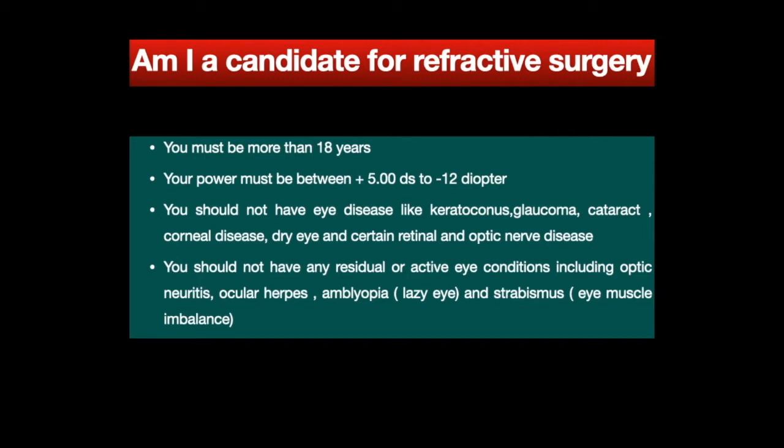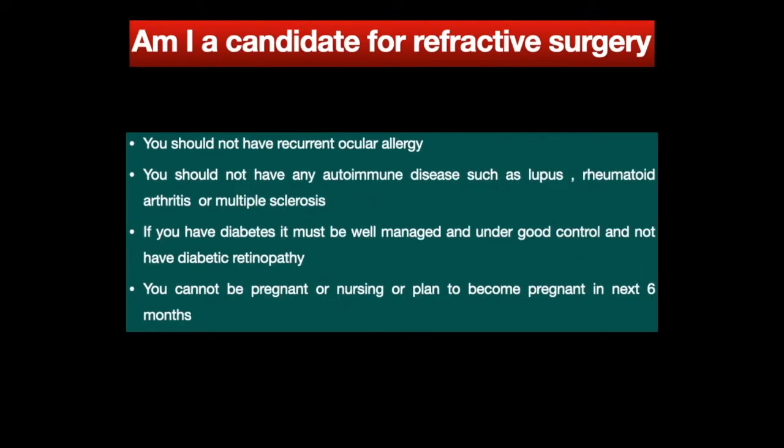You should not have any eye diseases like keratoconus, glaucoma, cataract, corneal diseases, dry eye, and certain retinal and optic nerve conditions. You should not have any residual or active eye condition, including optic neuritis, ocular herpes, amblyopia or lazy eye, or squint. Also, the candidate should not have any recurrent eye allergy, or any autoimmune diseases like lupus, rheumatoid arthritis, multiple sclerosis.